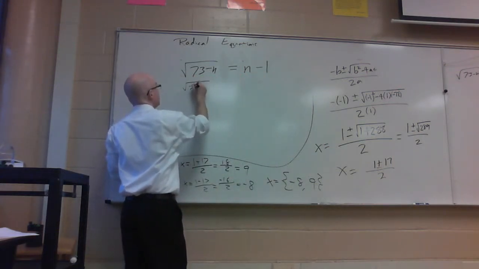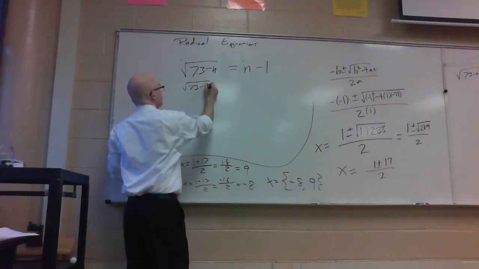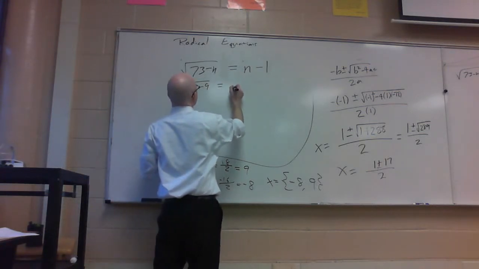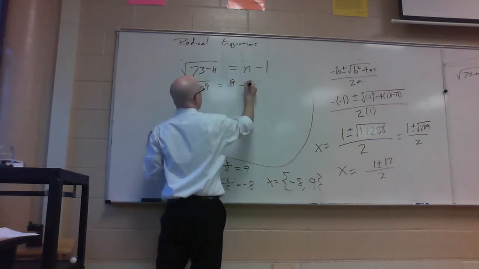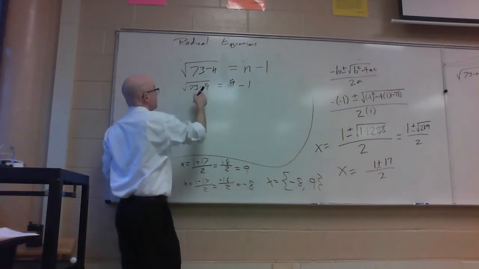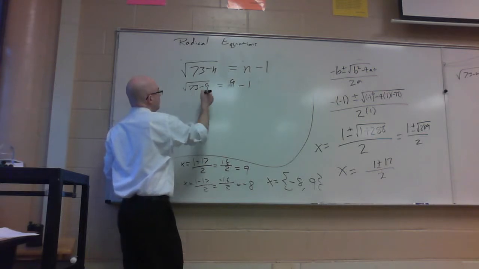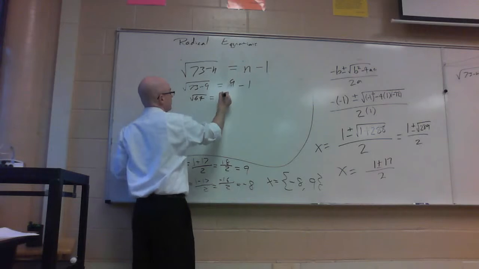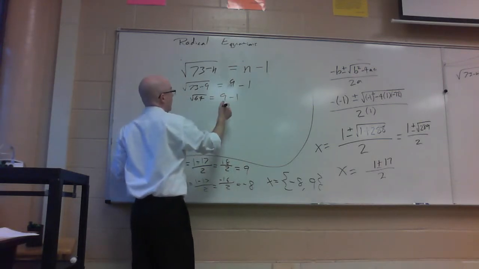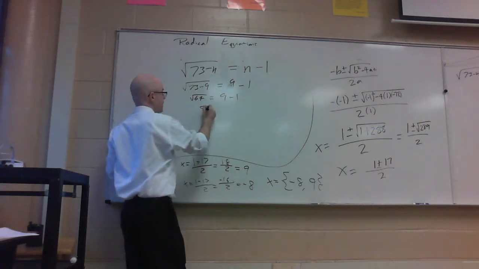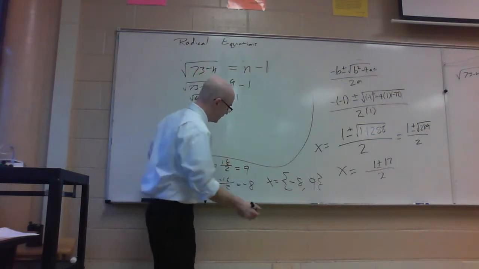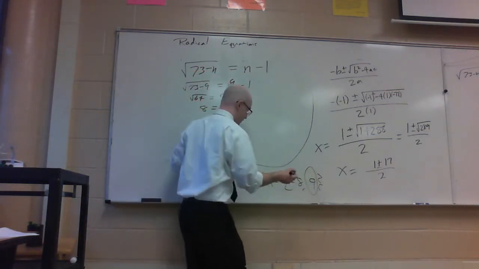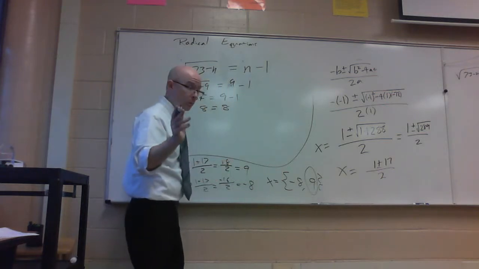Square root of 73 minus 9 equals 9 minus 1. 73 minus 9 is 64, so the square root of 64 is equal to 9 minus 1, which square root of 64 is 8. 9 minus 1 is 8. Aha! This guy works. We're almost there.